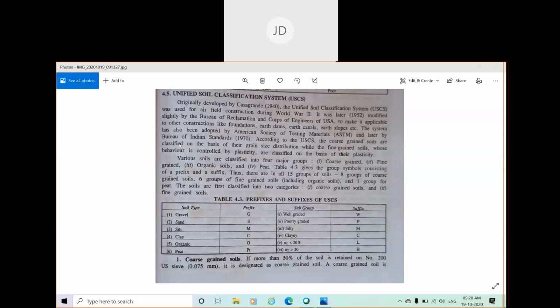Okay, so here you can see, according to USCS, that is according to this classification system, the coarse grained soils are classified on the basis of their grain size distribution, while the fine grained soils, whose behavior is controlled by plasticity, are classified on the basis of their plasticity.